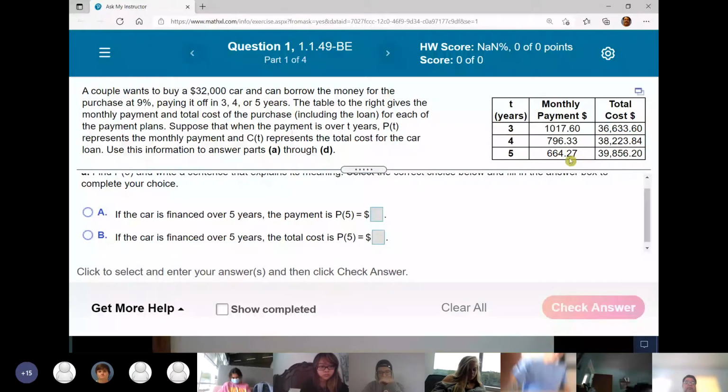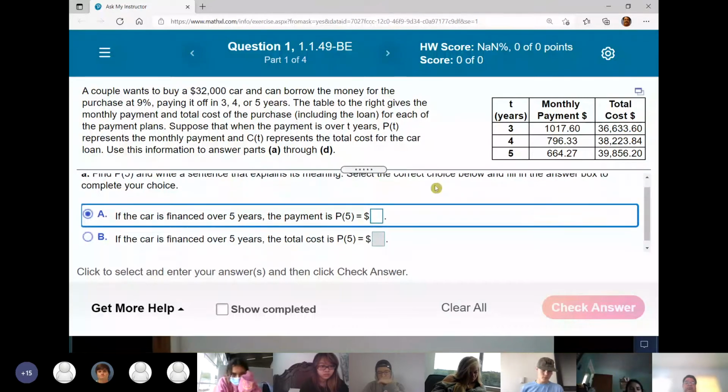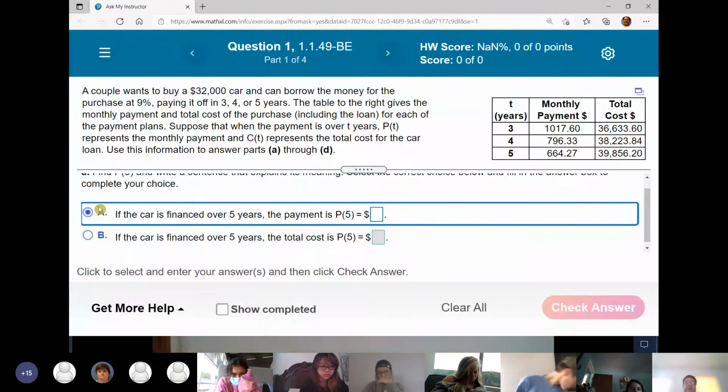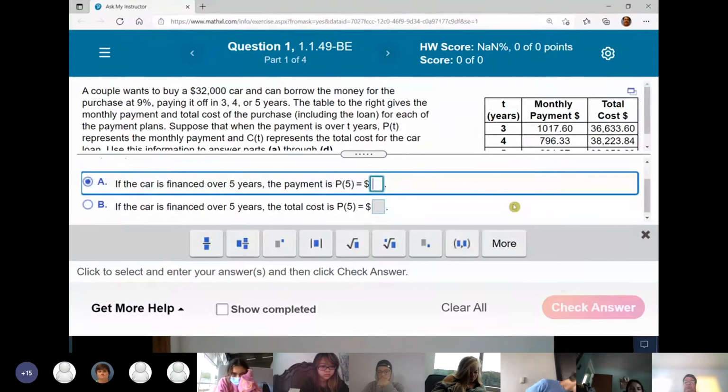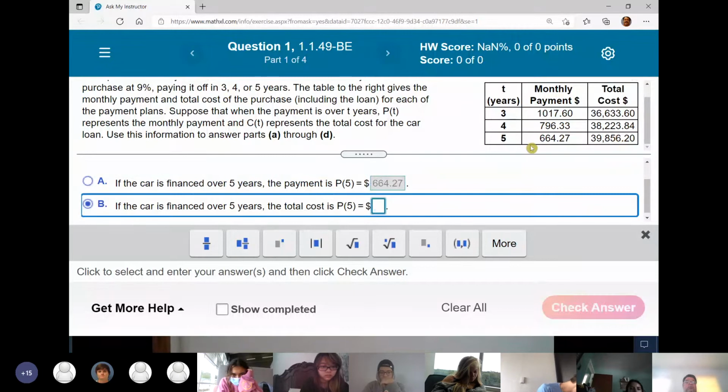Well, I'm kind of confused on what they want. And write the sentence that explains its meaning. Well, you could say both of these are the answer. A is $664.27. And you could go here and say the car financed over 5 years, the total cost is $39,856.20.